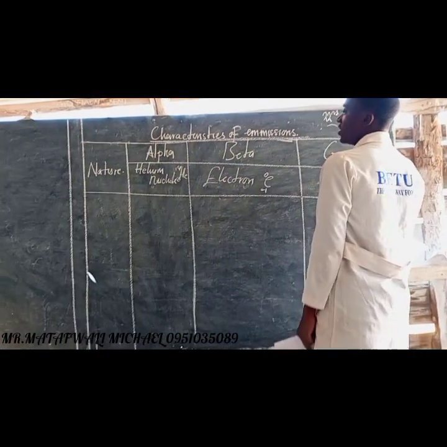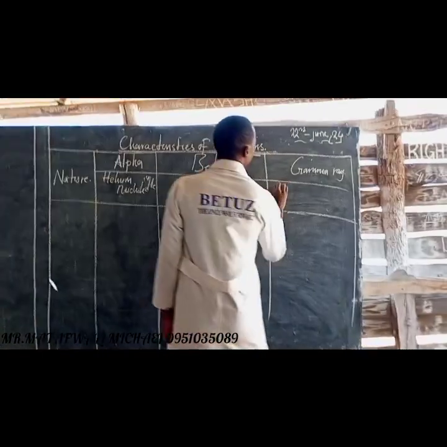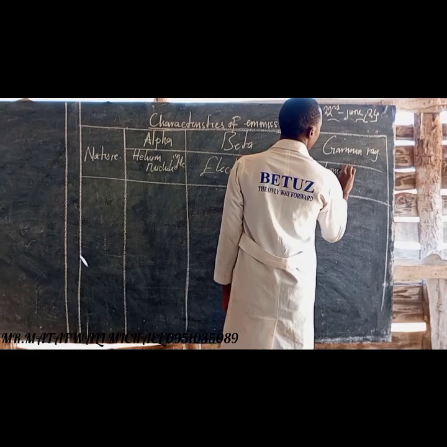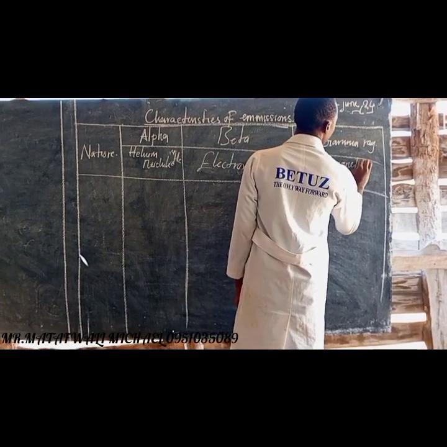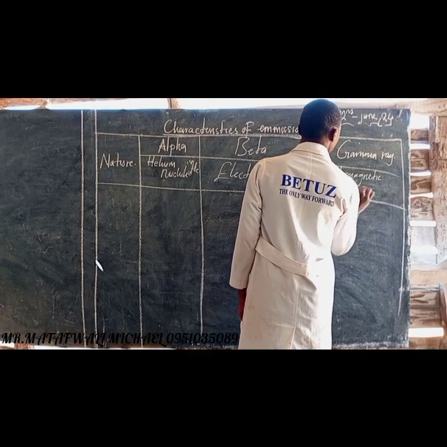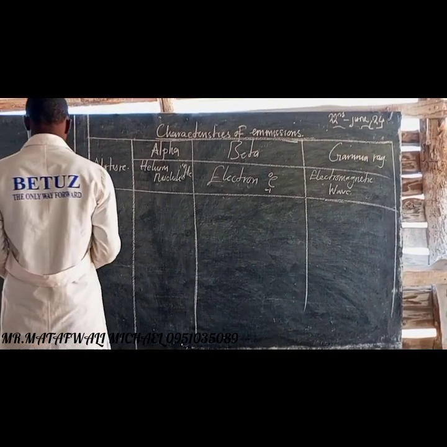Then what is a gamma ray by nature? A gamma ray by nature is an electromagnetic wave.